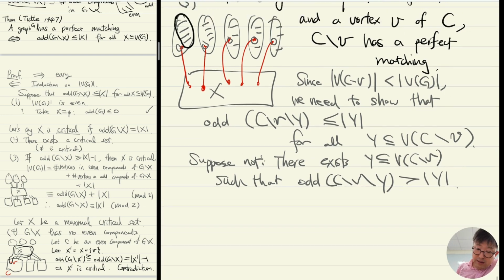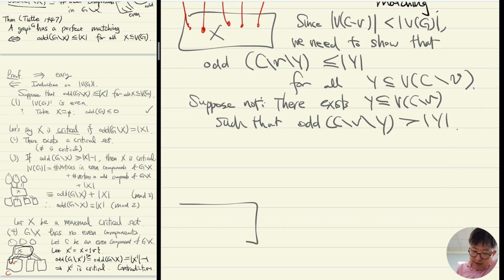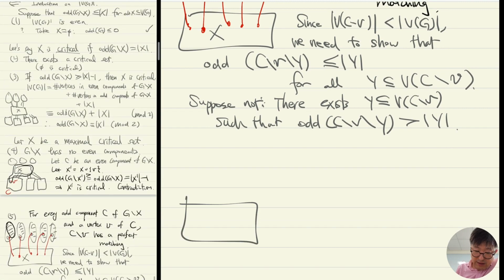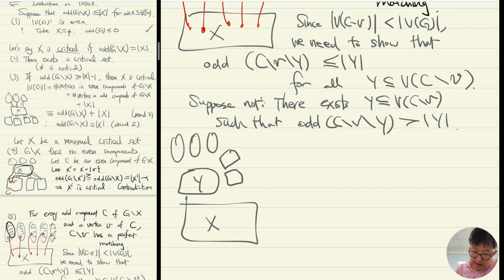Now, what does that mean? That means I'm going to have X, and here's what used to be the big odd component, here's Y, and then there are many components, and the number of other components here is too big, bigger than |Y|.